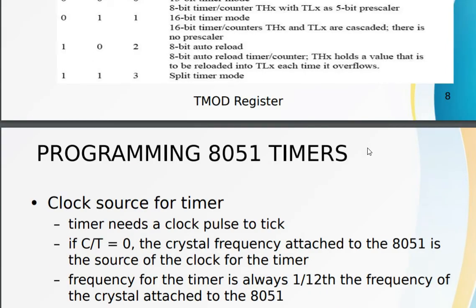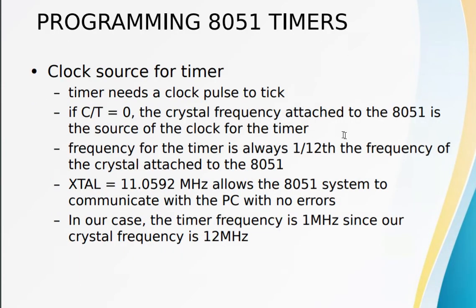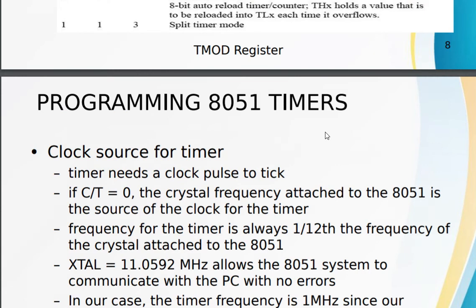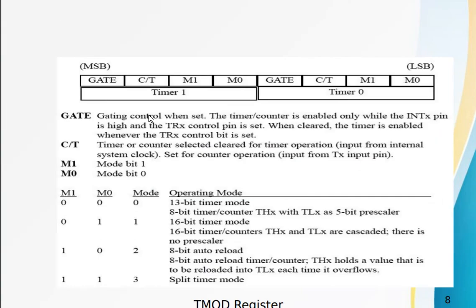Now, how do you program the 8051 timers? You know that 8051 timers also work as counters. So look at the C/T bit, actually T bar, which is either 0 or 1.